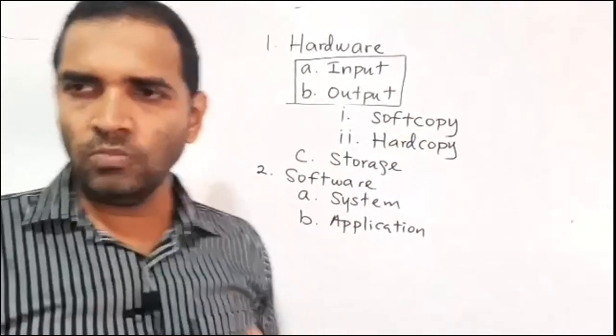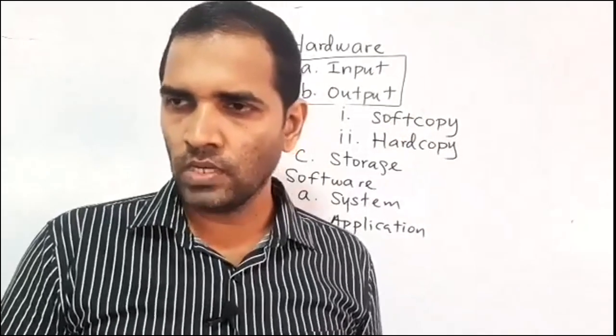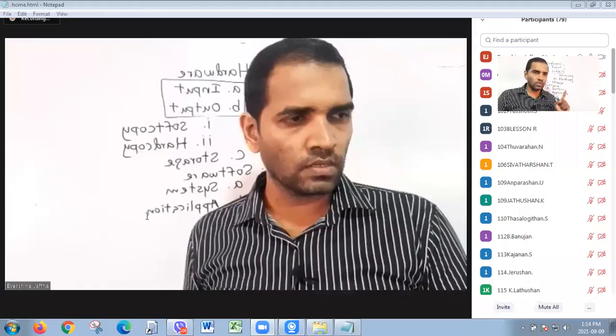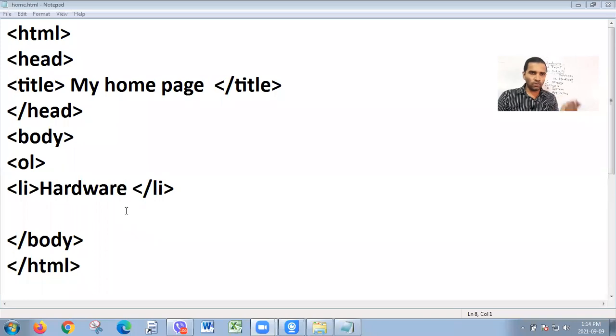But the problem is, listen to me, one important thing. Now I'm going to create another list. But before we start creating another list, we have to decide whether this OL tag is to be closed or not. We have to understand that, because now we have to create another list.